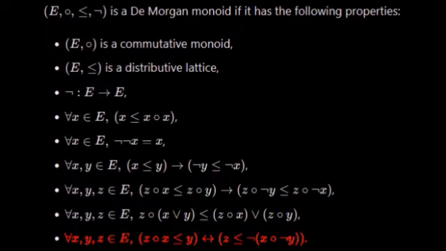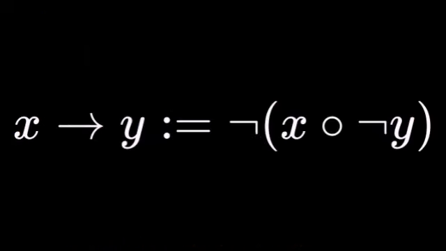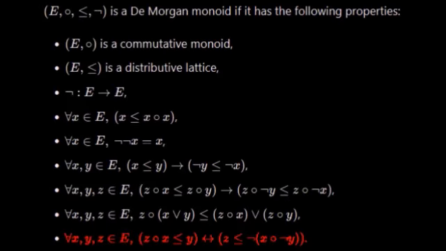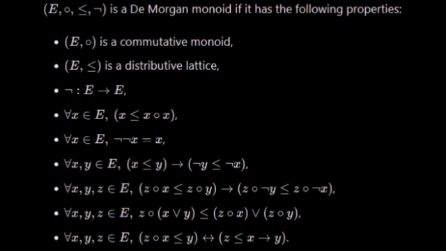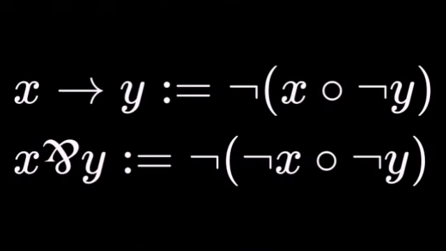I mean, it doesn't show all that much here, but we define x → y as the negation of x ∘ the negation of y, just as it's written in this last axiom. So instead you can write it like so, and yeah, you can see it's just currying. We can also define x ⅋ y as ¬(¬x ∘ ¬y). That's just the De Morgan dual, in a way, of the circle.